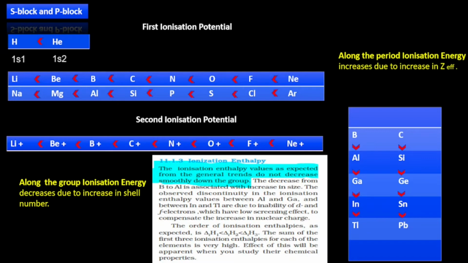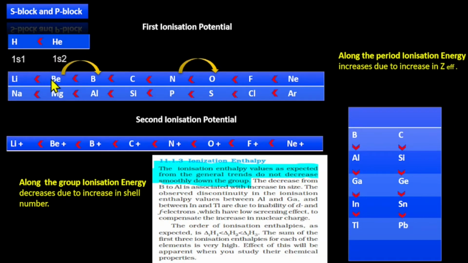What is the thing? Beryllium will come ahead of boron. Why? Because if you write the electronic configuration of beryllium, it is 1s2 2s2, meaning it has a completely filled s orbital.